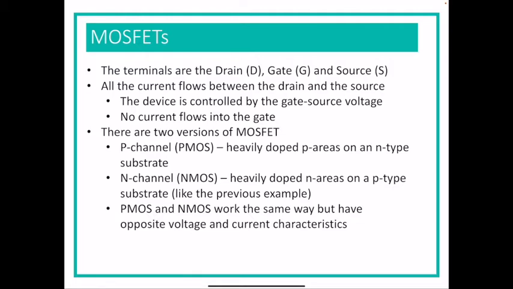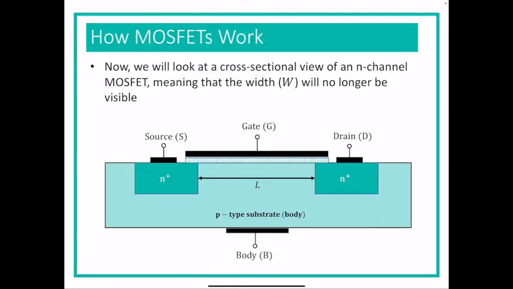So we're going to look at a cross-sectional view now, and that means the width is no longer visible, so the width actually goes into the page. It's not visible, but that's what one is talking about when one talks about the width. There is a length between the two areas, and then we will start talking about what happens.